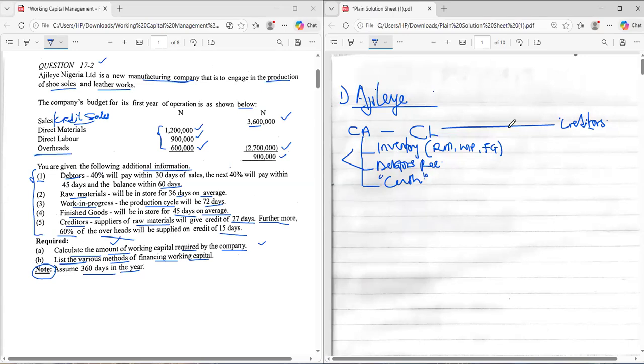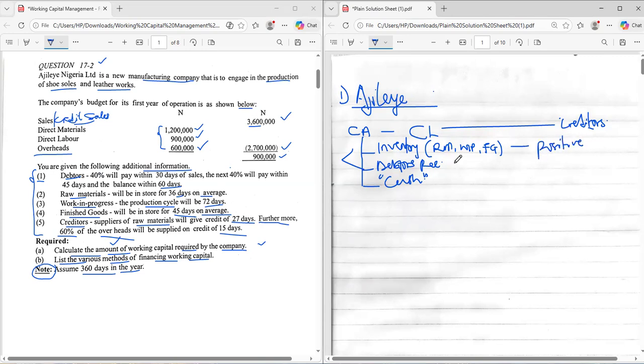Now, who are your creditors? Or let's put it this way: what effect do your inventory and debtors, your current assets, have on your working capital? I've said this in my previous class. What effect does your current asset have when calculating working capital? Positive.